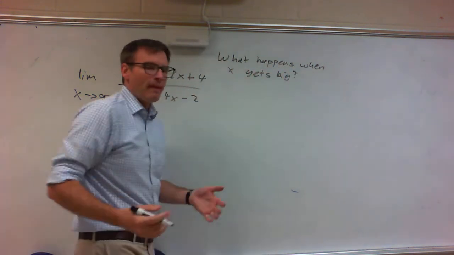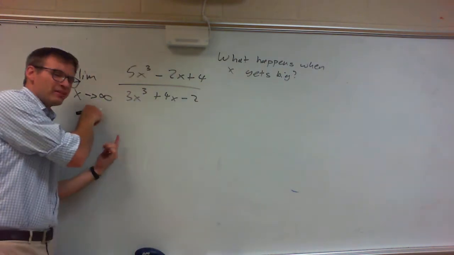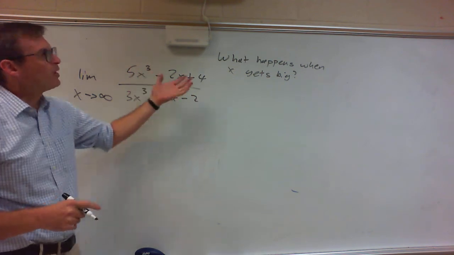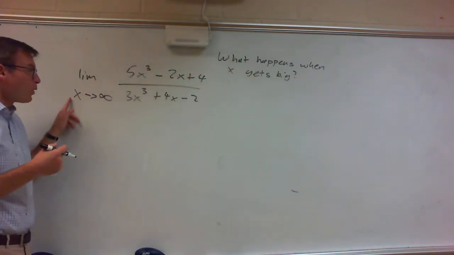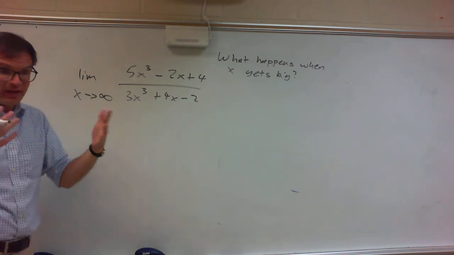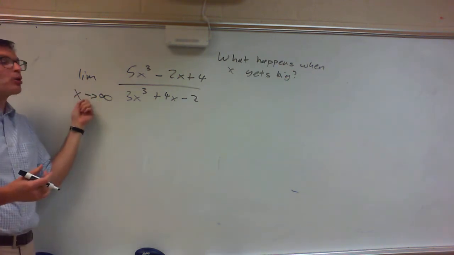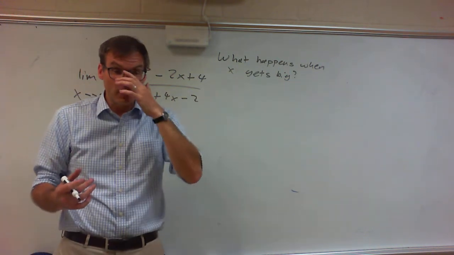As silly as that sounds, that's exactly what this is saying. It's actually what happens to y. That's what limit means. Limit says what happens to y as x approaches something. In this case, that something is infinity. So what happens when x gets big?